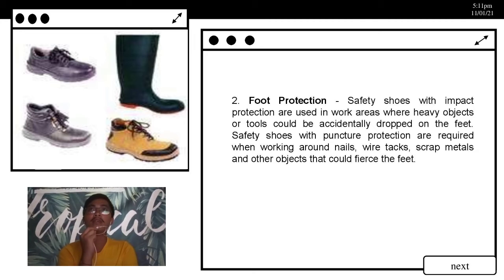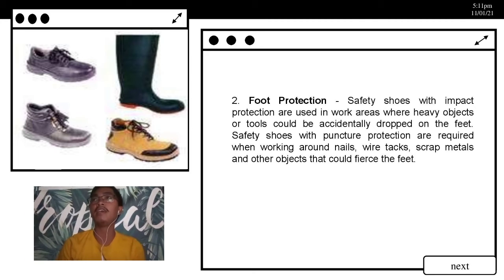For example, when you are working in a construction company putting a roof on a house, in order for you not to slide down, you choose this blue rectangle marking because it does not involve puncture protection.